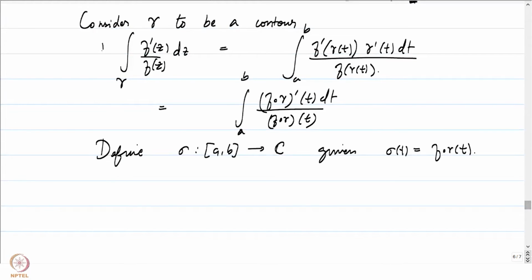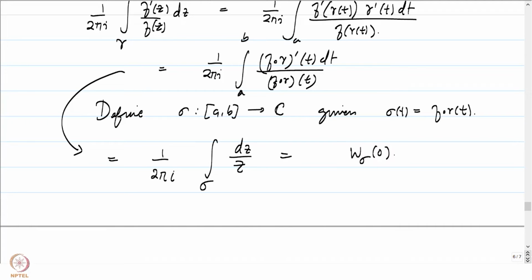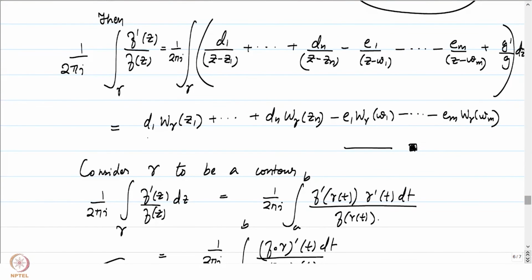And what we have just shown is that, putting 1 by 2 pi i, the above is equal to 1 by 2 pi i integral over sigma dz by z, which is equal to the winding number of sigma around 0. And we just showed that the winding number of sigma around 0 captures the number of zeros and the number of poles.